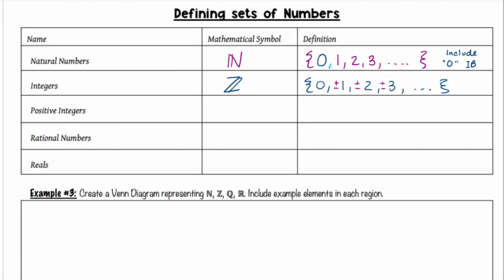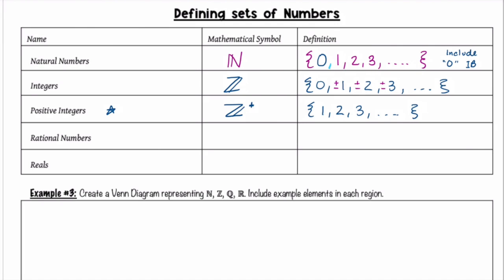For the positive integers, the symbol would be very similar, a double Z but with a little plus, and we will be dealing with numbers 1, 2, 3, and so forth. The reason that IB includes 0 in the natural numbers is because of this. We tend to define the positive integers as numbers 1 all the way to infinity, so they included the 0 in the natural numbers.